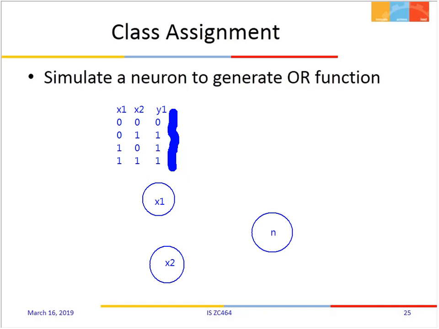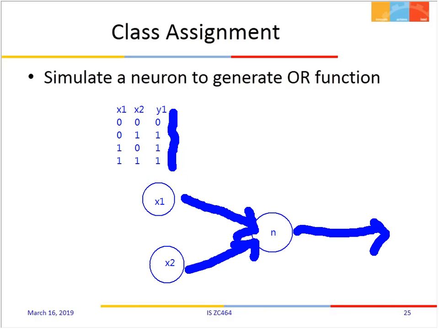These two are inputting to the neuron, and there is one output y. So what should be W1 and W2? What is your activation function?